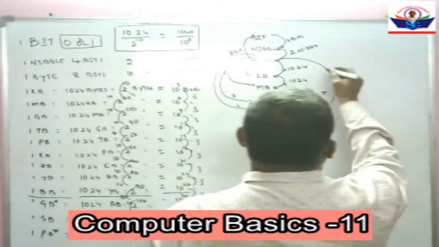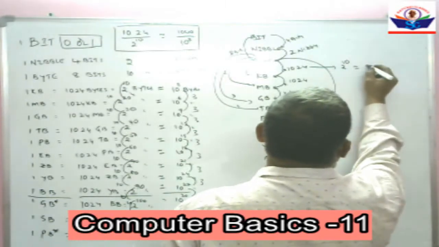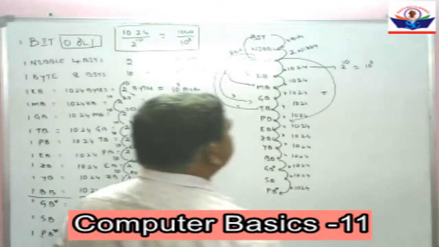Now, what is 1024? 2 to the power of 10. That is approximately 10 cubed.